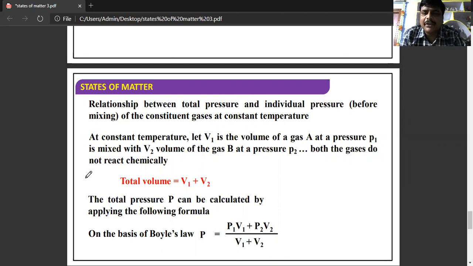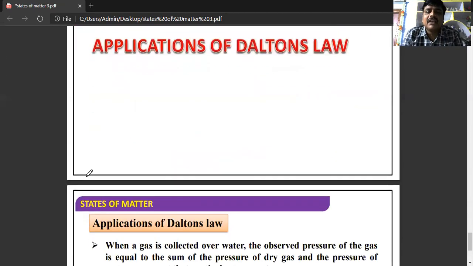At constant temperature, V1 is the volume of gas A at pressure P1, mixed with V2, the volume of gas B at pressure P2. The total volume is V1 plus V2. The total pressure P can be calculated by P is equal to P1 V1 plus P2 V2 divided by the total volume, V1 plus V2.